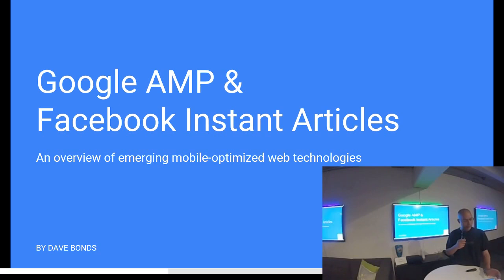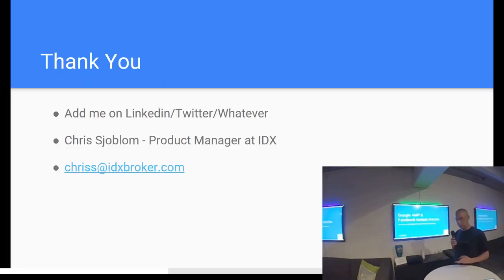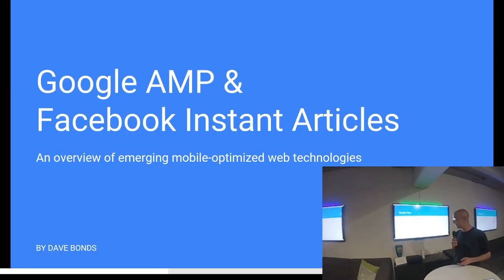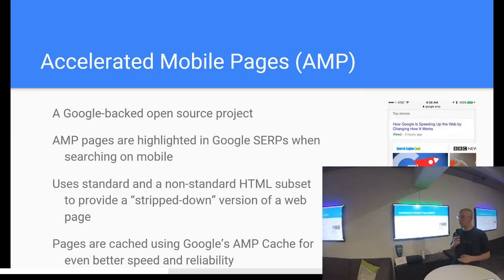So let's start with Google AMP. Google AMP stands for Accelerated Mobile Pages. It's a Google-backed open source project.